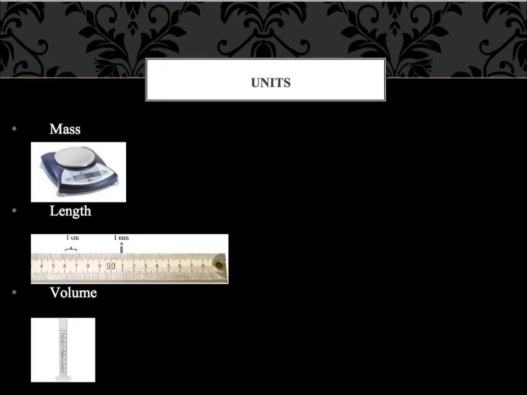Before we talk too in depth about how to make conversions, let's talk about the different units that we use in the metric system. So mass, that's how we get weight, is measured in grams, which is G. And that's the base unit, so that's where we start off. You can bring that down as small as milligrams or as high as kilograms, so there's different versions of it. Length, we use the meter, which is symbolized with a lowercase m.